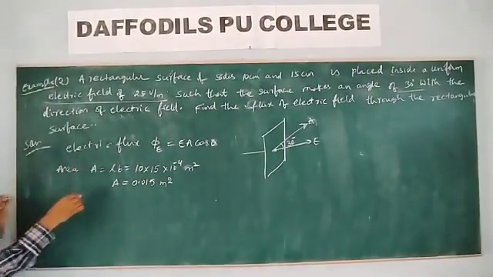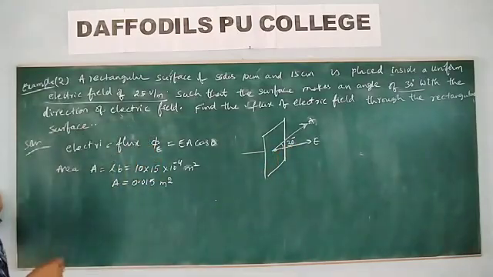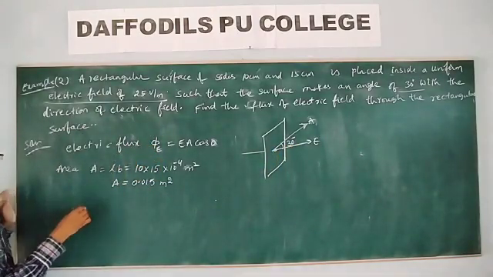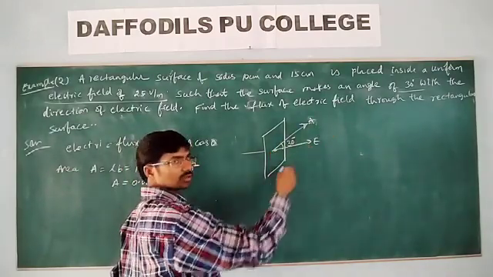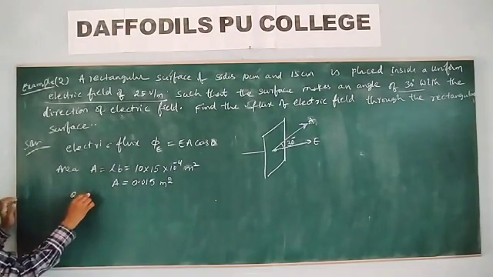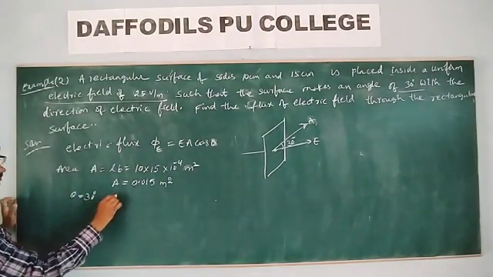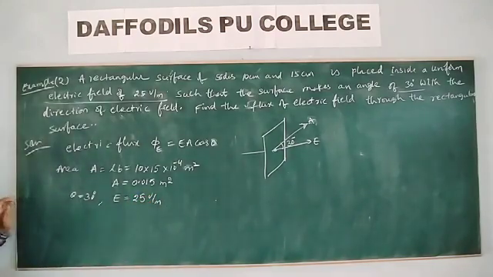But what is the angle between the electric field and area? Area vector, remember, is always normal to the plane. Then theta is equal to 30 degrees, and the given electric field is 25 volt per meter.